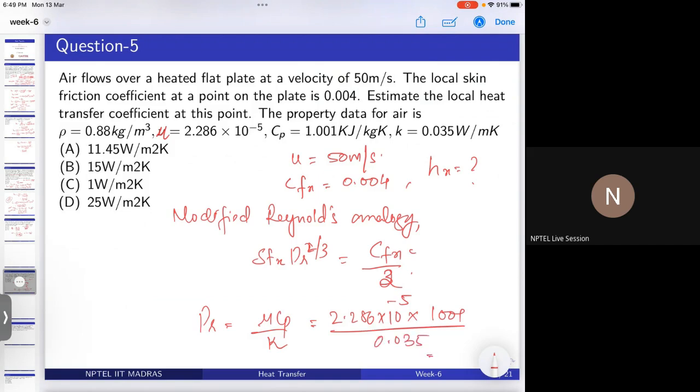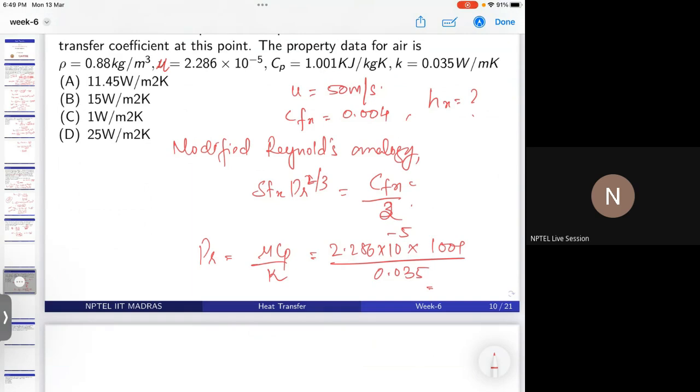Can you please find out what is the Prandtl number? What is the Prandtl number? 0.66.